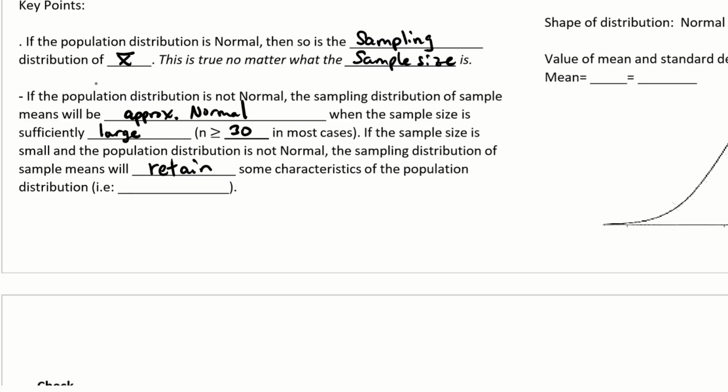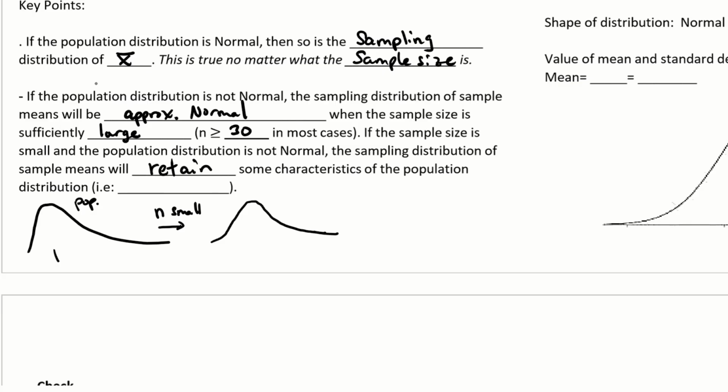So, for example, if the population were largely skewed to the right, this is the population, and the sample size is small, then the sampling distribution will approach normality, but it'll still be slightly skewed to the right.